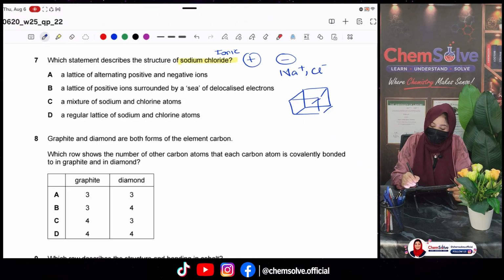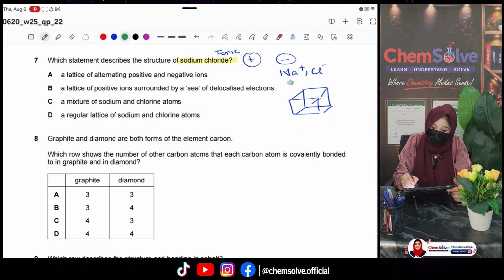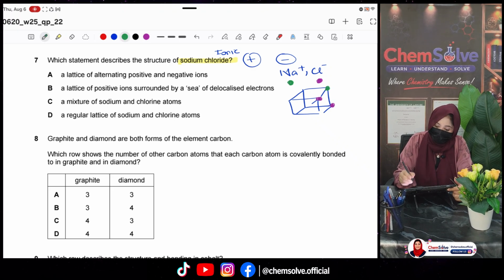For example, if I show sodium with the green color and chlorine with the pink color, if a green is here, then a pink chloride would be here, and there would also be a chloride, and there would be a sodium, and so on.